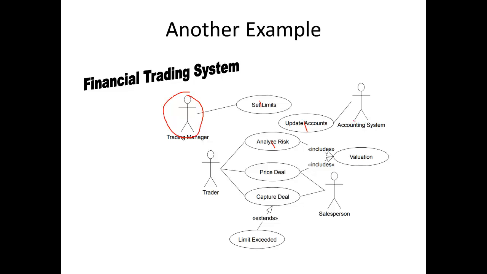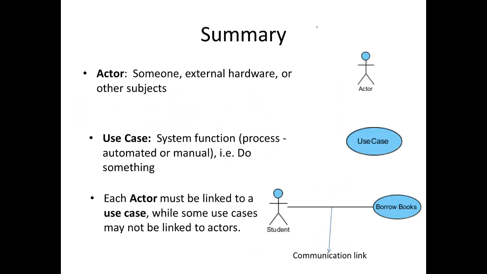Also, the count system can update the counts. For an actor, we know it can be someone, meaning a human, but also some hardware or other subjects, even some system.